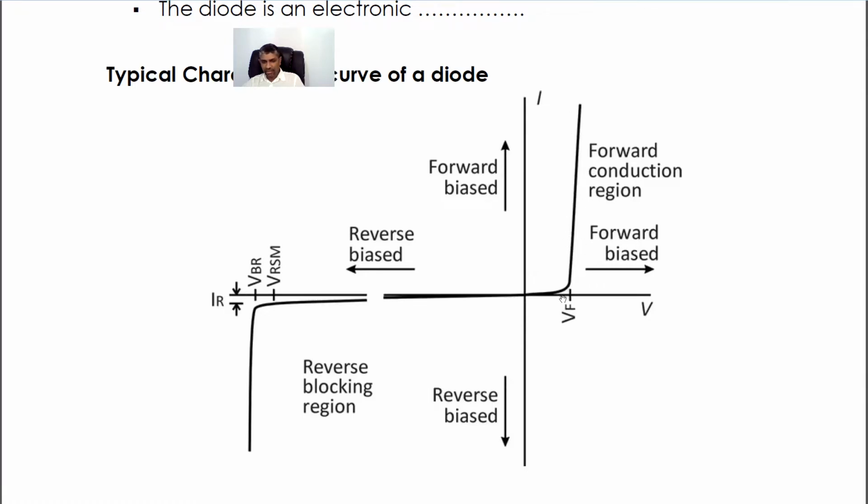But when we set the potential difference in reverse, even though the potential difference is high, the current is approximately zero. There will be a small current, called leakage current, but it is negligible.